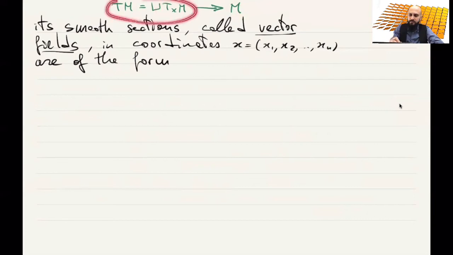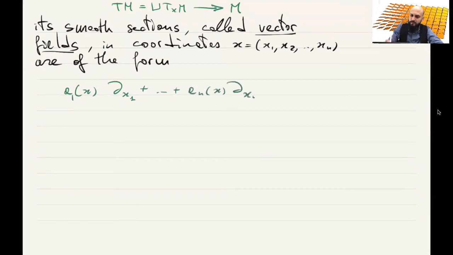But here the structure of differentiable manifold is done in such a way that the sections that are smooth are of the form like this. In coordinates, the derivative with respect to the first coordinate is a derivation, right? So there is going to be a first function times this derivation, plus up to a_n(x) dxn. So these are how you write smooth vector fields in coordinates.